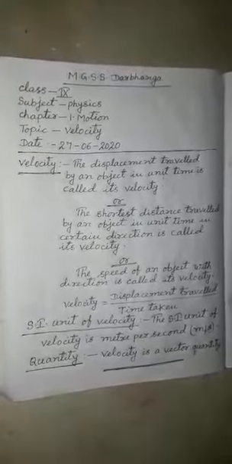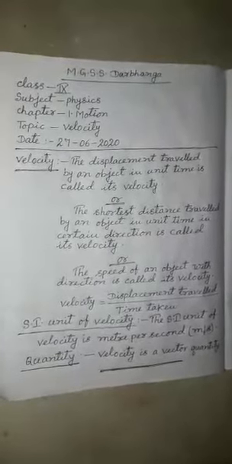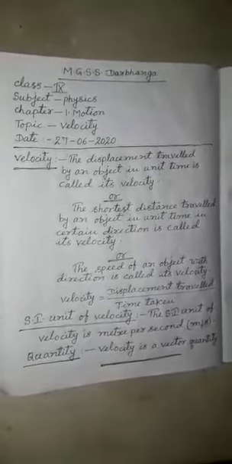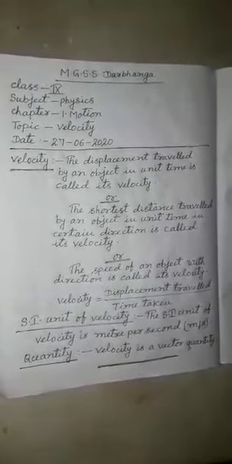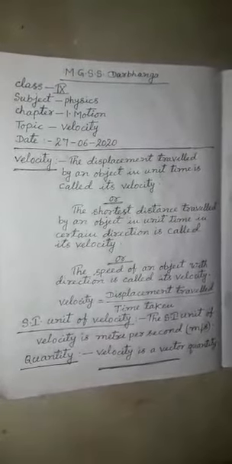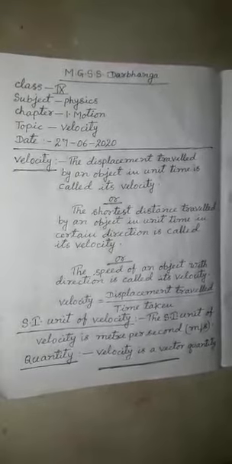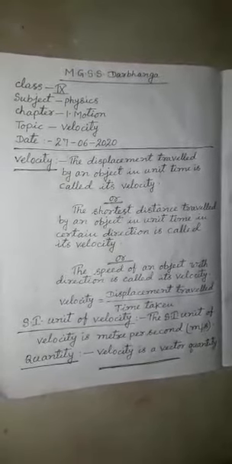And after that it is in unit time, is called velocity. Means for the shortest distance traveled by an object in certain direction, in the first definition we used the displacement.